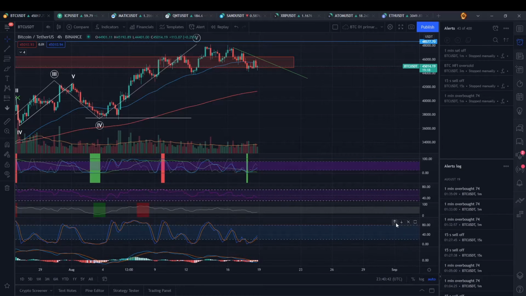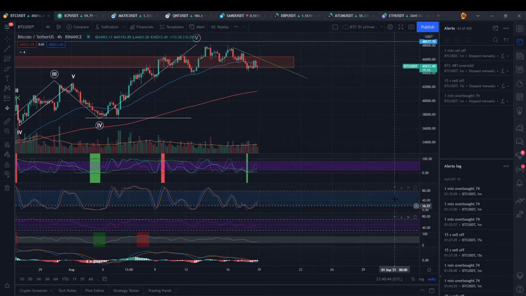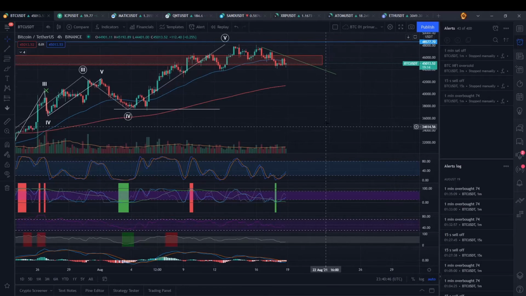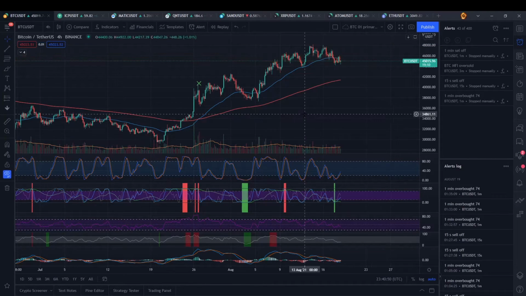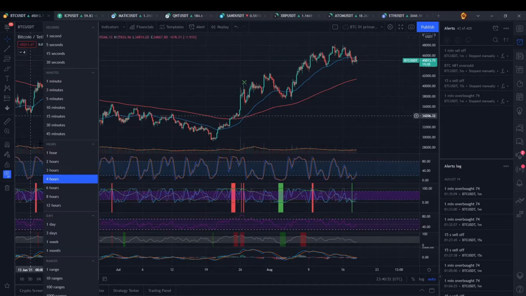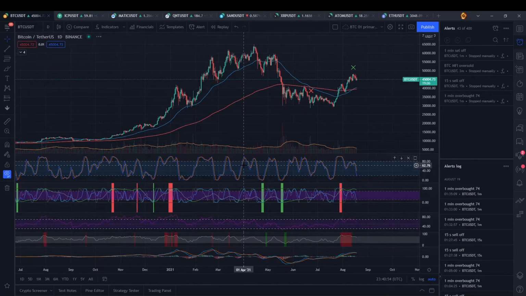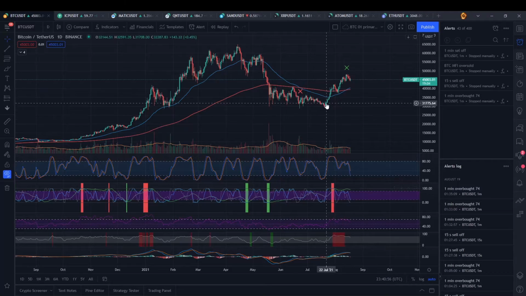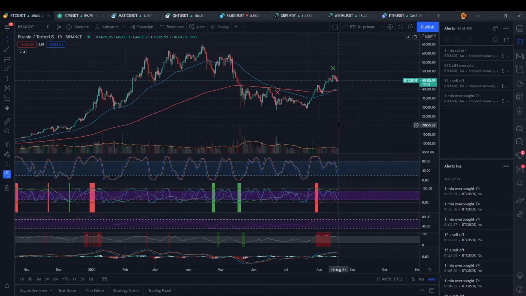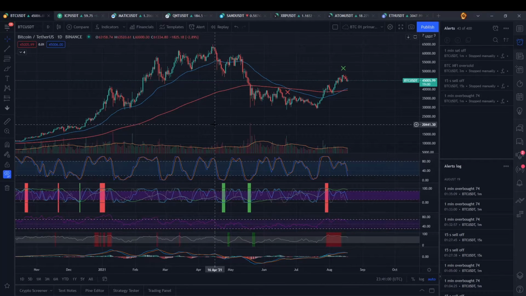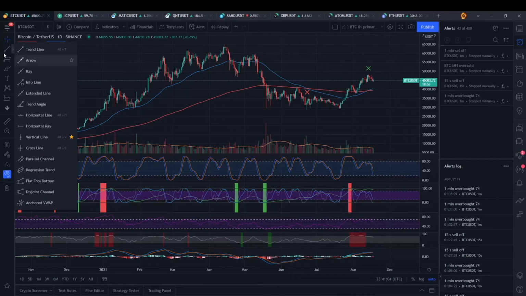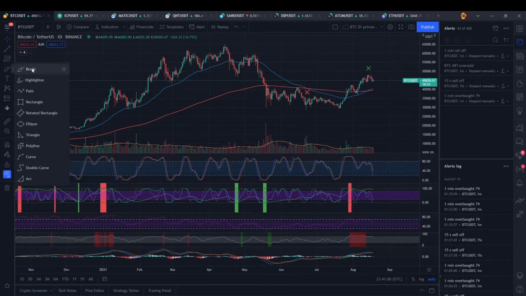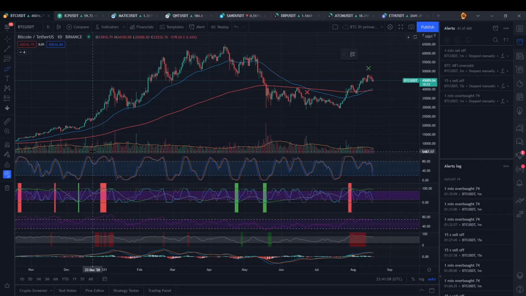This is the normal stochastic RSI indicator, and if you look at it, let us just remove all these drawings and start at a larger time frame. What you see from the normal stochastic RSI indicator is simply waves.